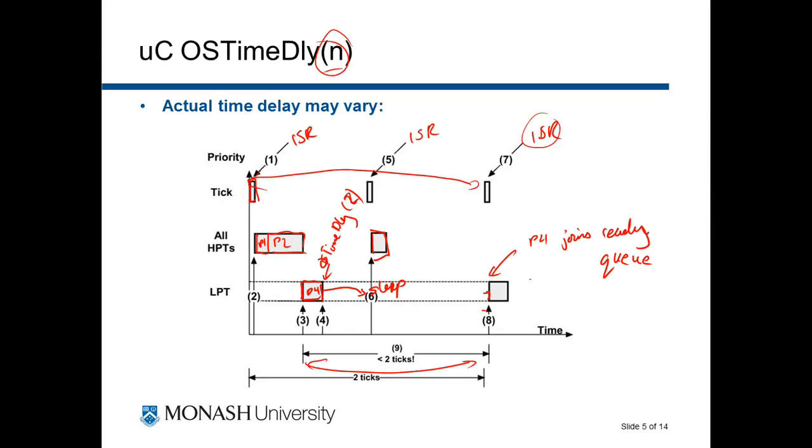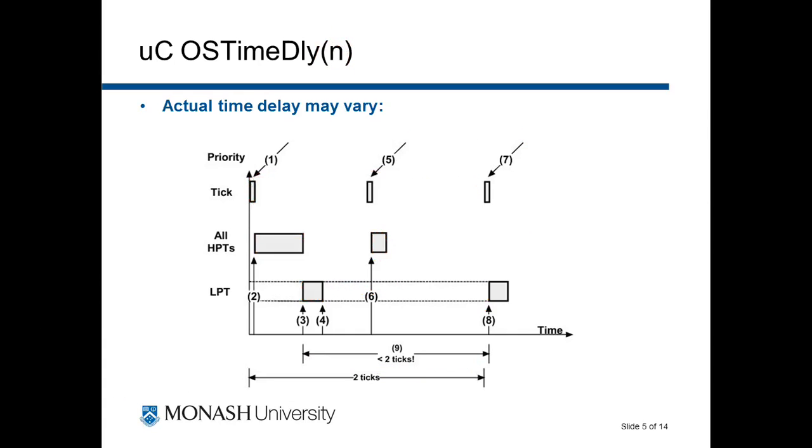Okay, note that it can be less than 2 ticks, but it could also be more than 2 ticks. Can anyone suggest how it could be more than 2 ticks? Yeah, so imagine that this didn't exist.